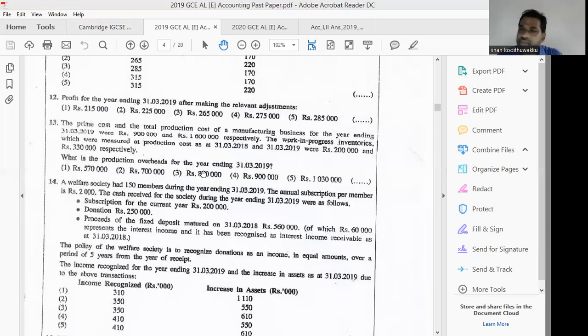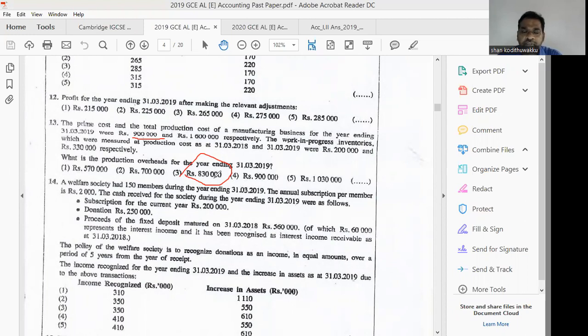You can check whether it is correct or not. If you take the third answer, 830,000, as the overhead cost, plus the given prime cost 900,000, that will be 17 lakhs 30,000. Overhead cost plus prime cost.